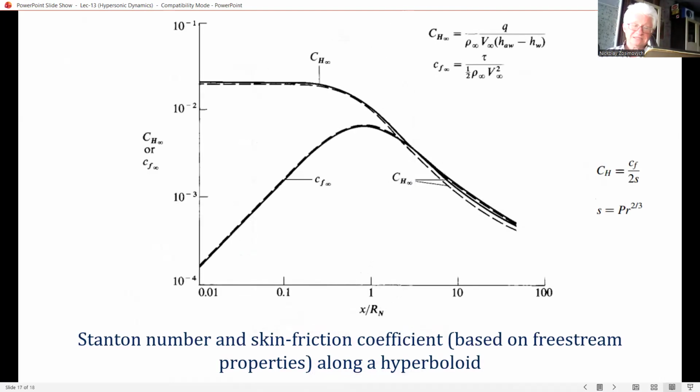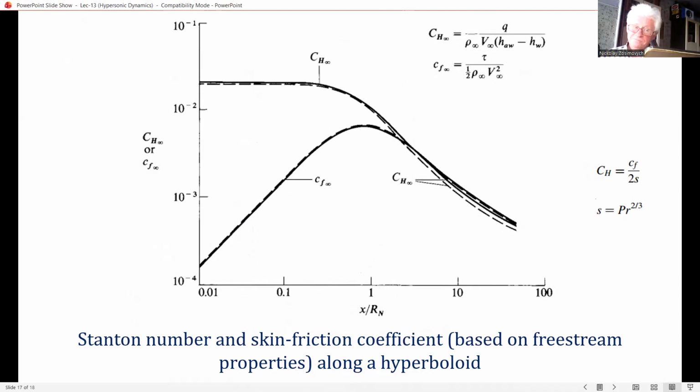So, considering the surface properties, the variations of CH and CF as functions of distance from the stagnation point are shown in this figure. You should note the following physical trends illustrated in this slide.